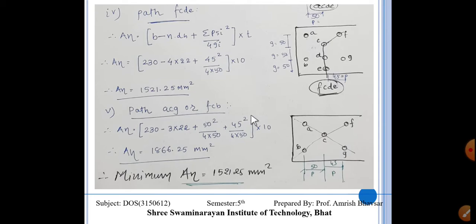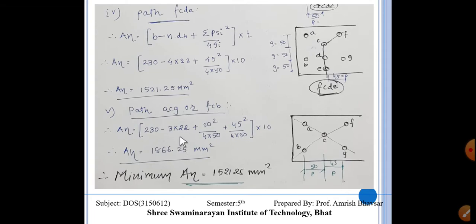Now, the next and last path, that is ACG and FCB. So the plane of failure of this plate is like this and this. Here we have two different pitch distances. So the same equation is written over here, and there are 3 bolts in this.